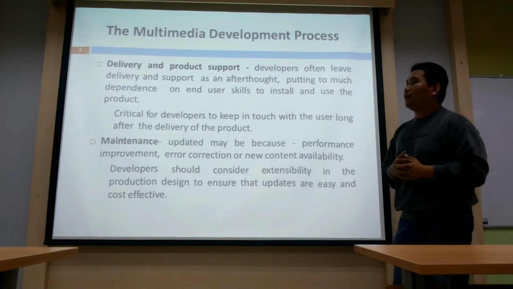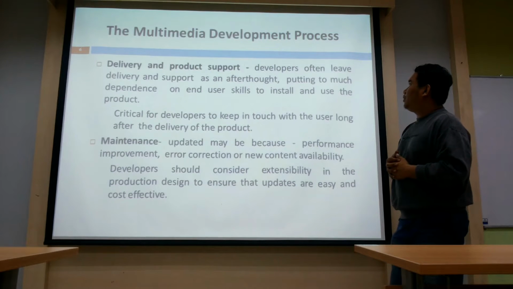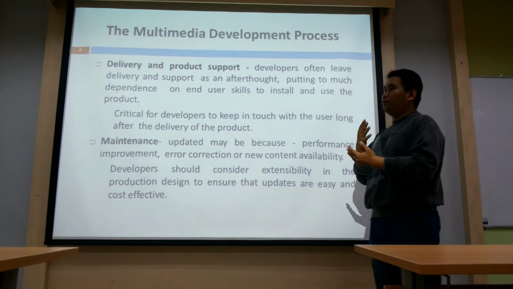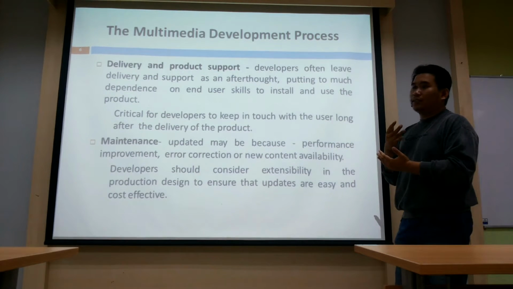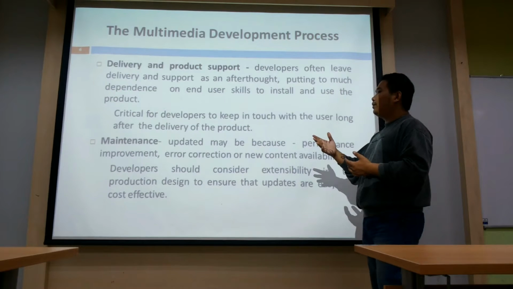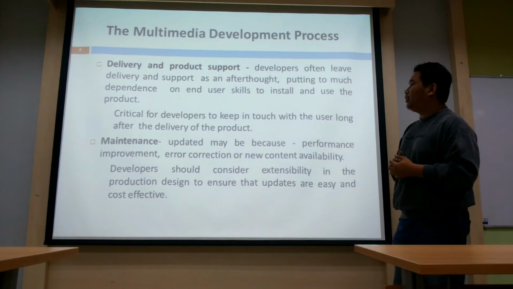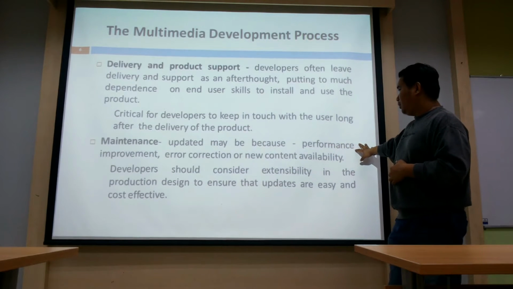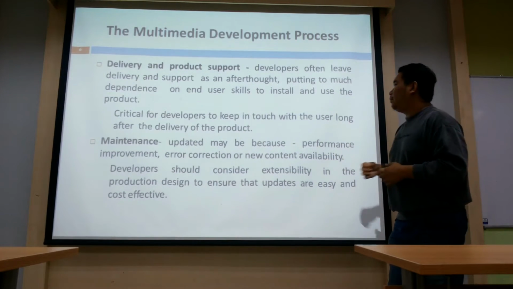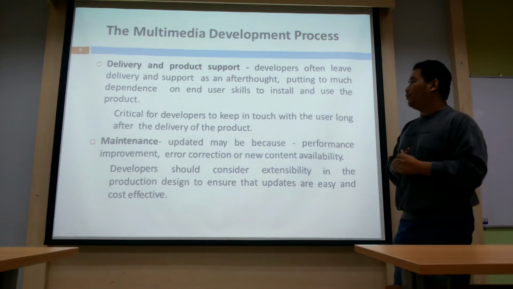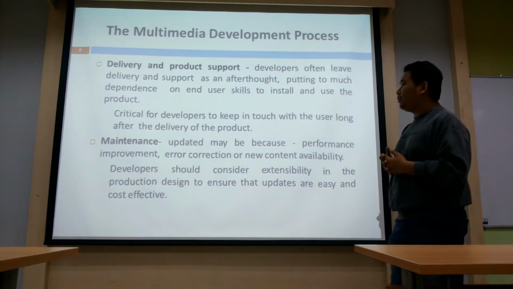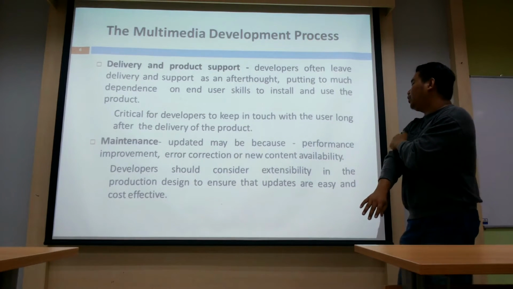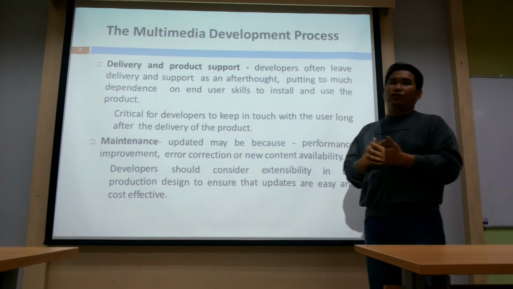So sometimes developers need to communicate with the user, to see if the user has any problem with the product, and also for the maintenance. For the maintenance, updates are mainly for performance improvement, error correction or new content availability. Developers should consider extensibility in the production design to ensure that updates are easy and also cost effective.